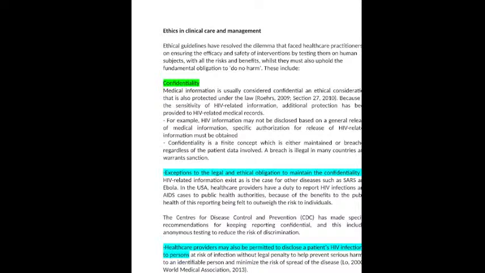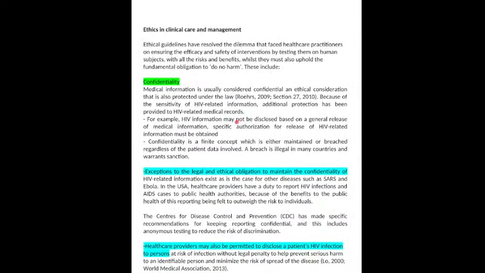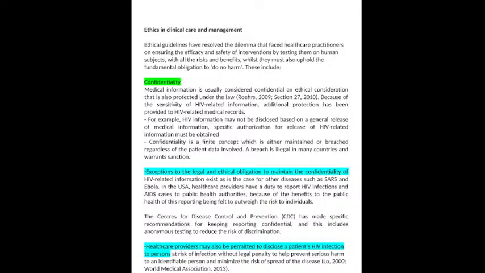The first one is confidentiality. Today, if a person wants to go for an HIV test, confidentiality of such medical information is very important. Of course, today the degree of stigma is not as high as it was in previous years. But still, confidentiality of medical information is an ethical consideration, and it must be protected under the law.